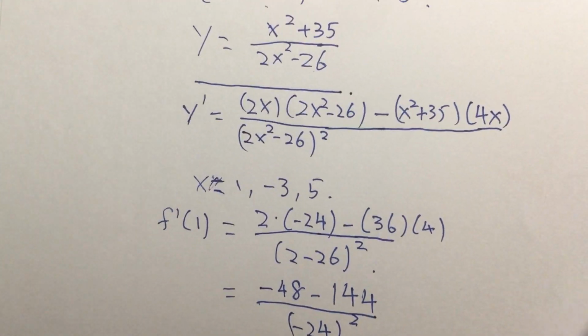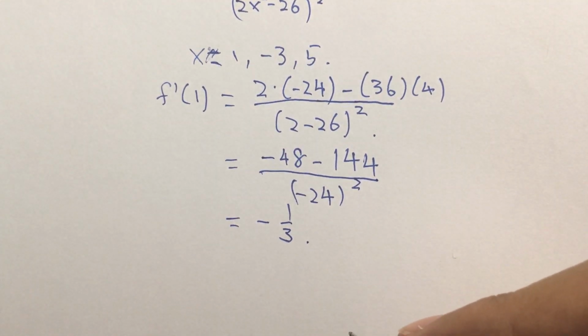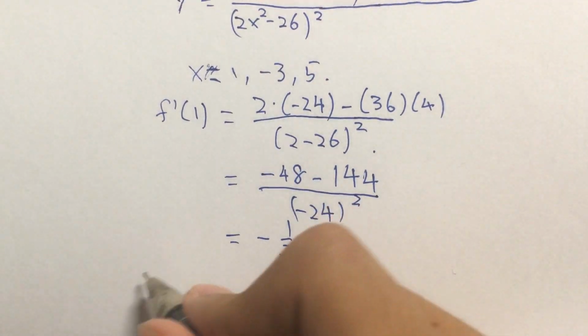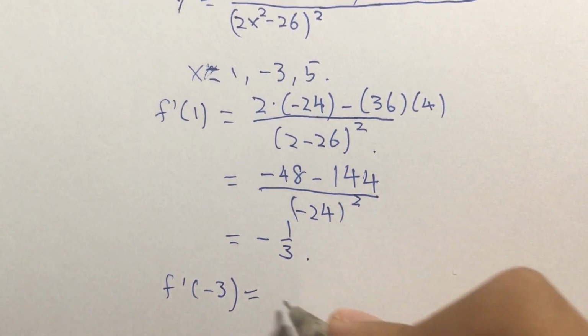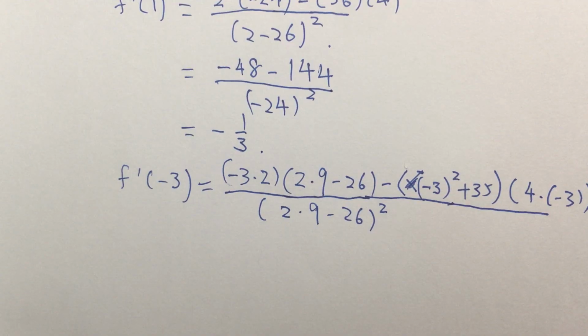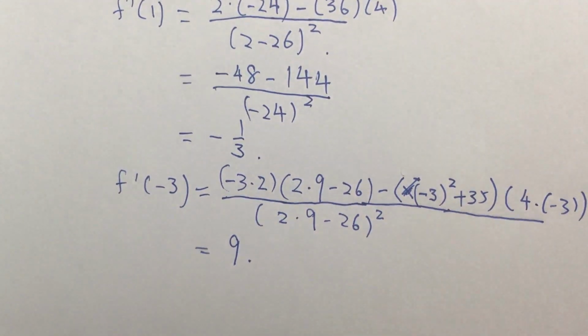So this is a part of our answer, and we need to do the same thing for the other cases, which is when x is equal to negative 3. And let's do this. And this is equal to 9.